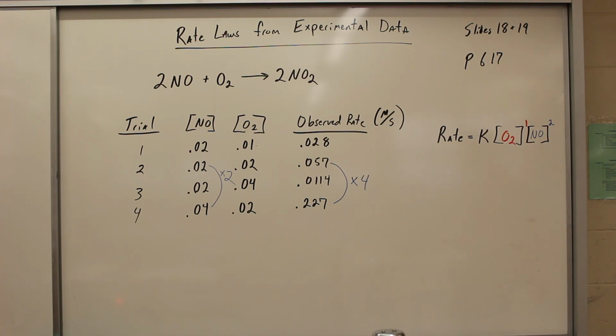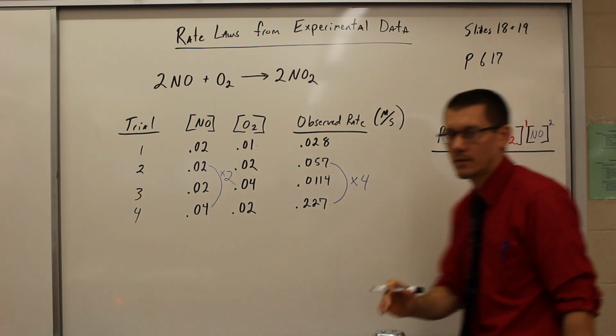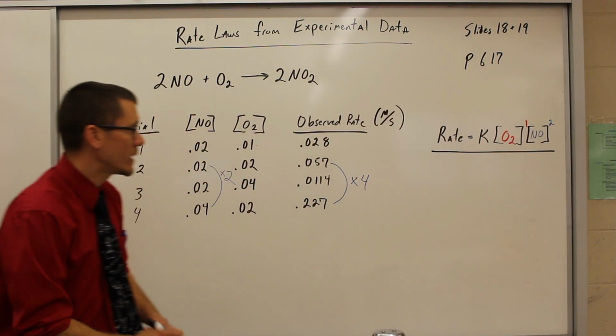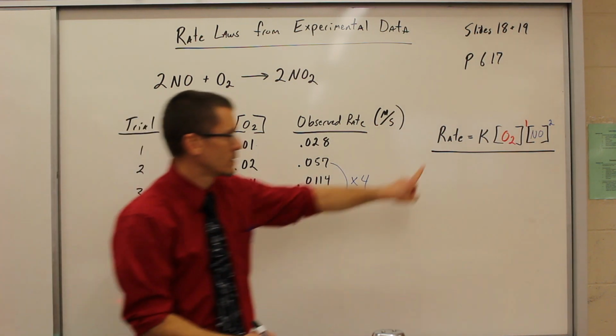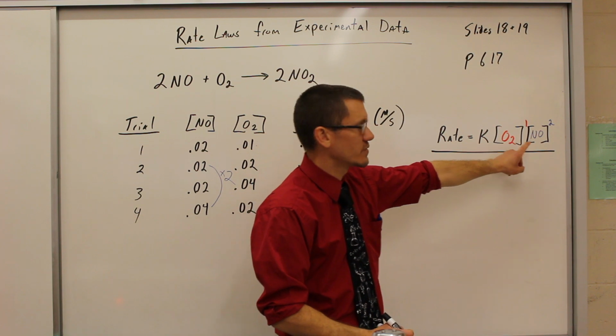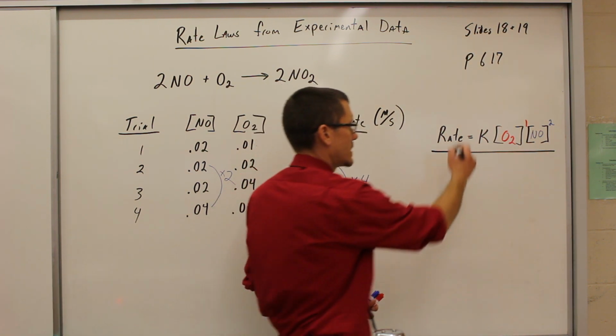We can also solve for the rate constant K. Okay, so that's the first step, finding the rate law. We can choose any one of these trials and just substitute in for rate, concentration of oxygen, and concentration of nitrogen monoxide.